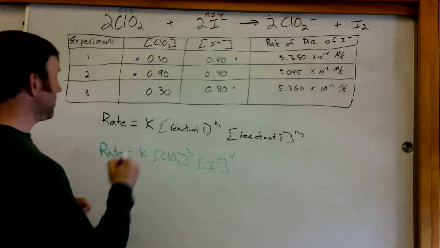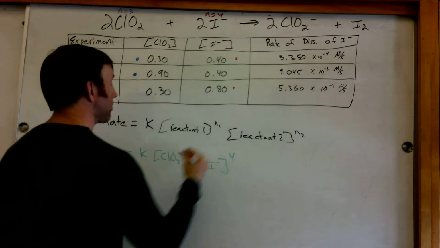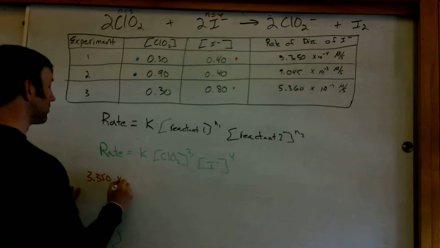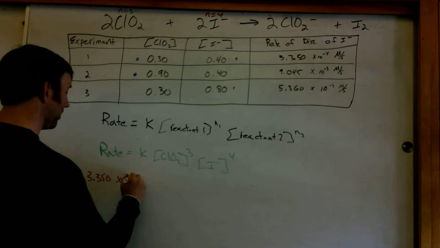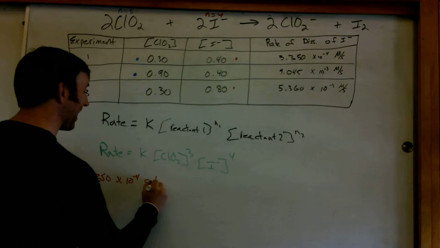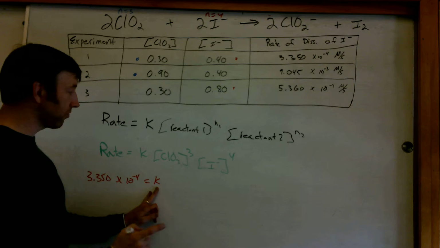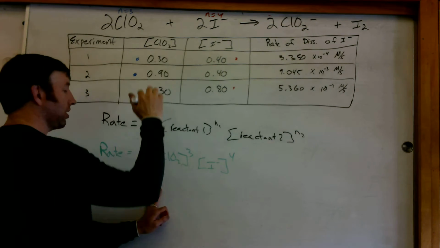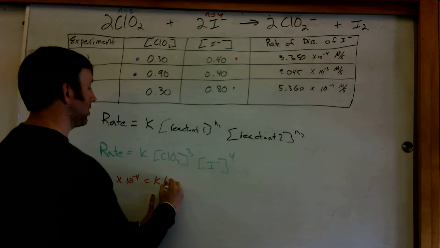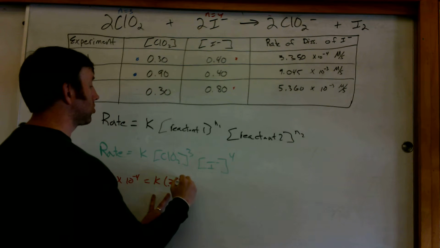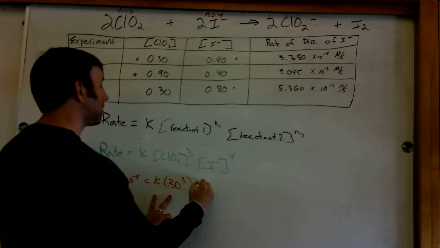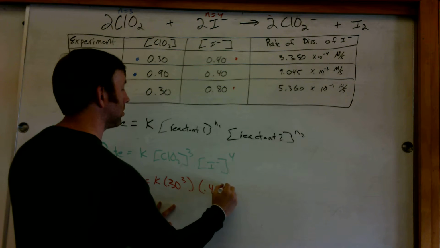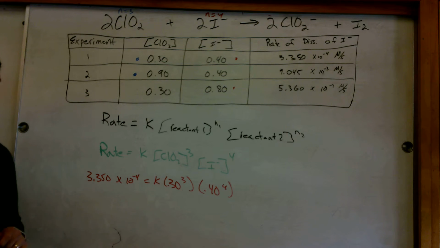In this case, my rate, I already know, is 3.350 times 10 to the negative 4, and that's going to be equal to k, which is what I'm solving for, times the concentration of ClO2, 0.30 to the third, times 0.40 to the fourth. That's how I'd write that.